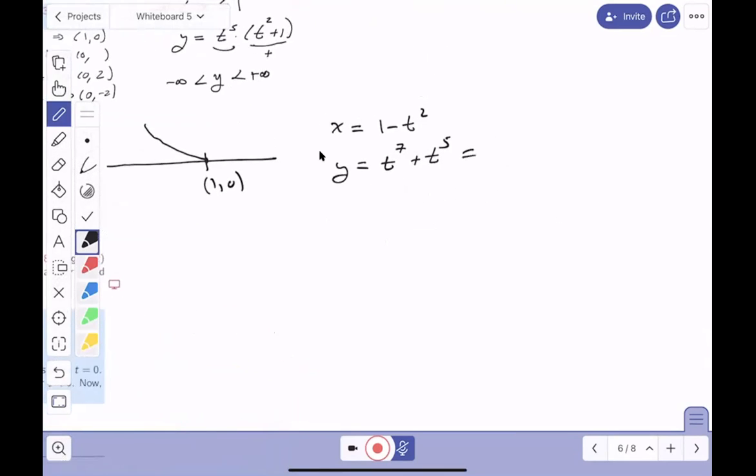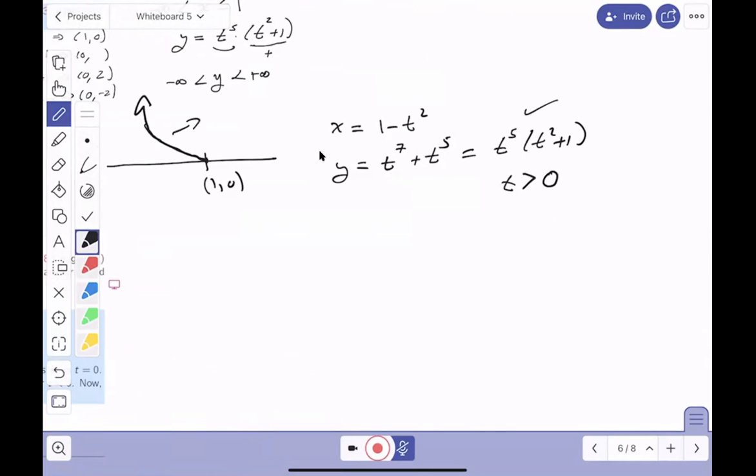I'm going to factor this. That would be t squared plus 1, right? So really I want to get this upper part of it. And that means when is the y positive? So the y would be positive when t is greater than 0. Now, how do I know that? I'm looking at this over here.